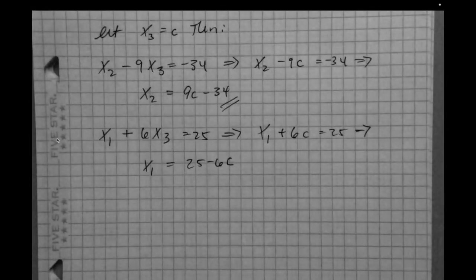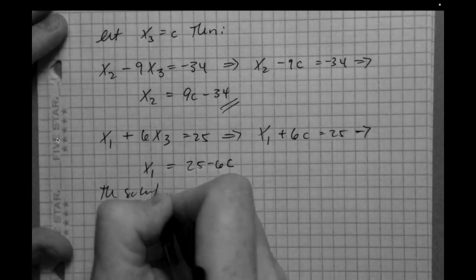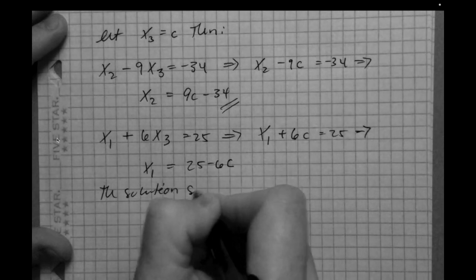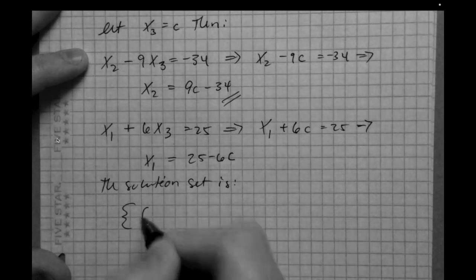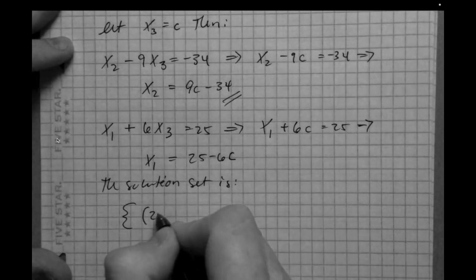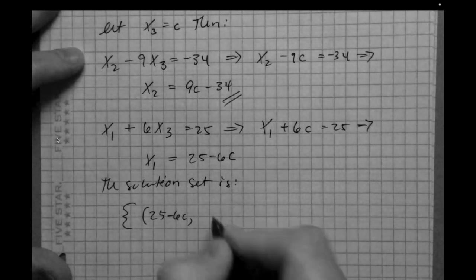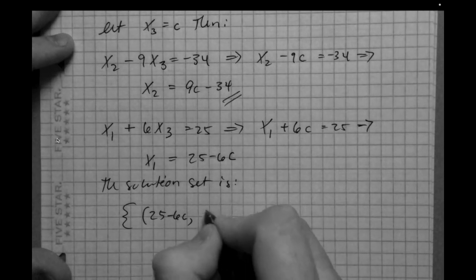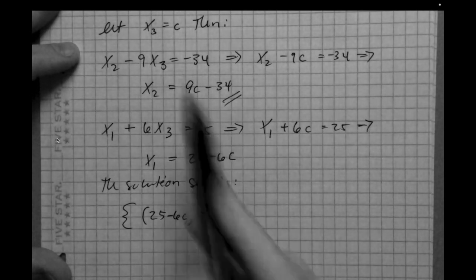Right? And so then the solution set, what's the solution set? Well, it's going to be the following. x1 is 25 minus 6c. x2, we see, is 9c minus 34. x3, we defined as just c.